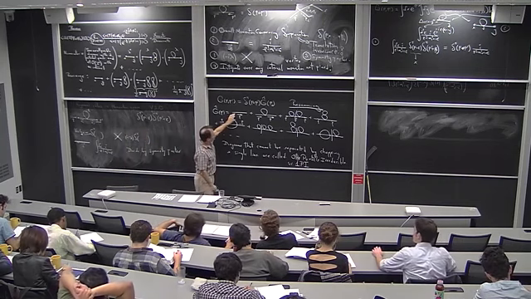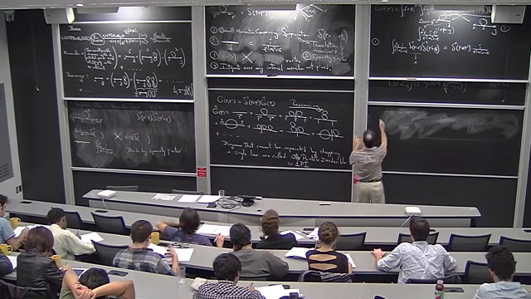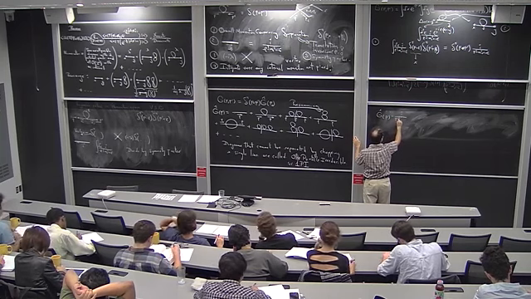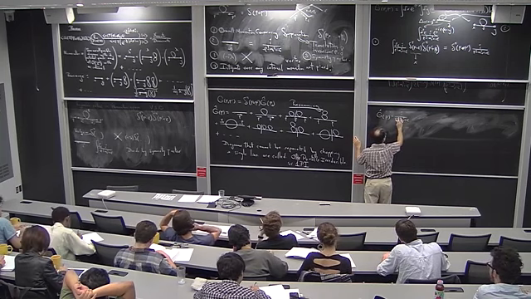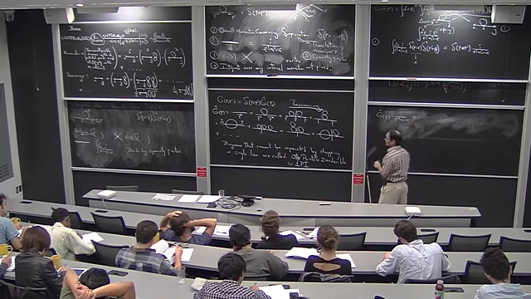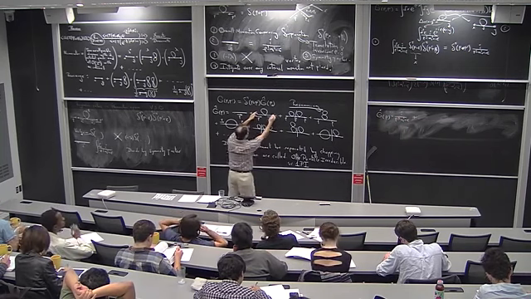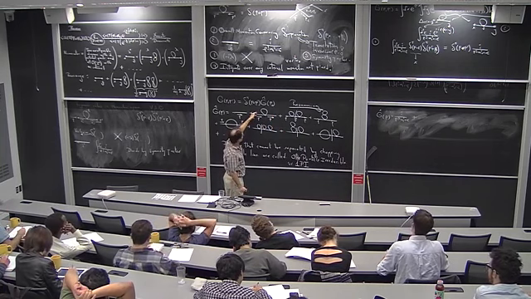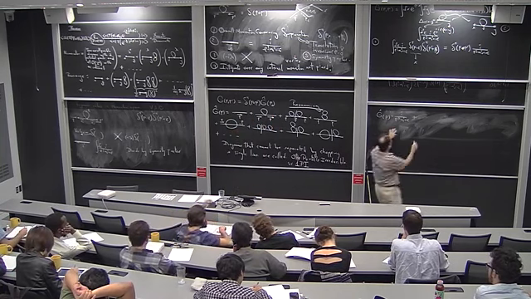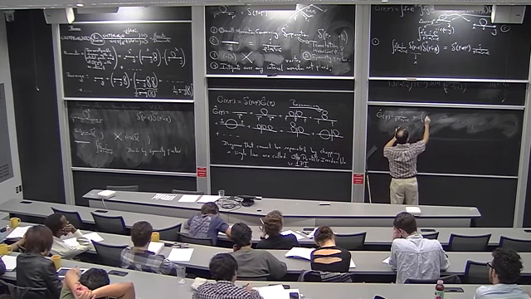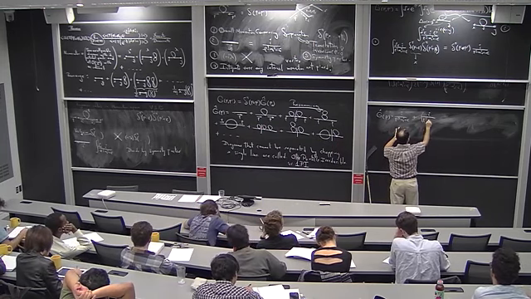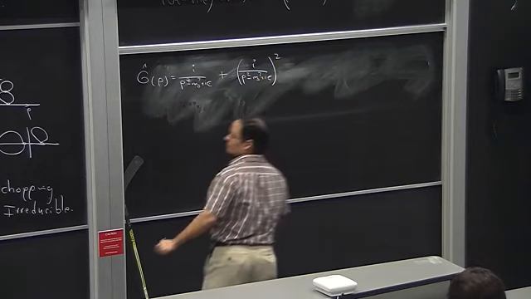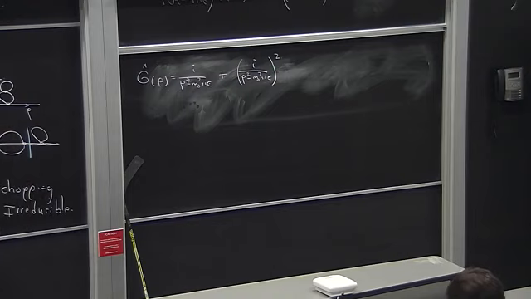So this guy gives us i over p squared minus m0 plus i epsilon, plus this guy, okay. So what I want to do is to take this guy, and then we're going to see that this guy gives us 2 powers of this thing, times something, okay? Times this thing here.